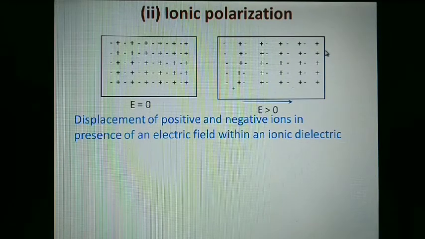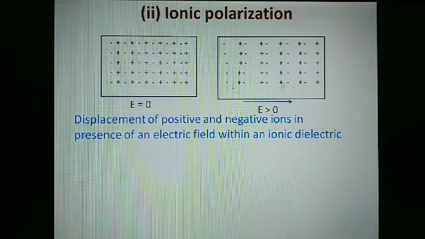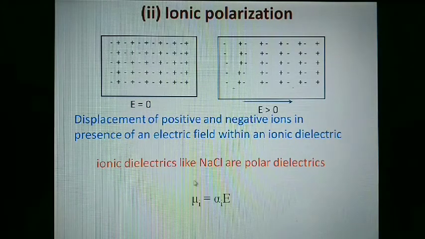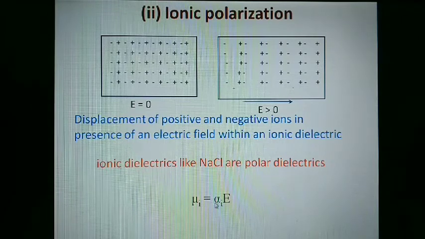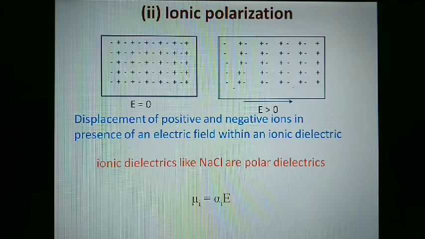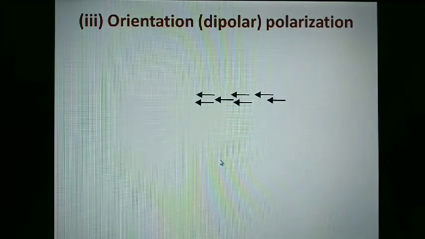Such displacement of ions within the dielectric material in the presence of an electric field is known as ionic polarization. And as I mentioned, earlier we had taken electronic polarizability; here alpha I represents the ionic polarizability, which is the ionic dipole moment per unit electric field.